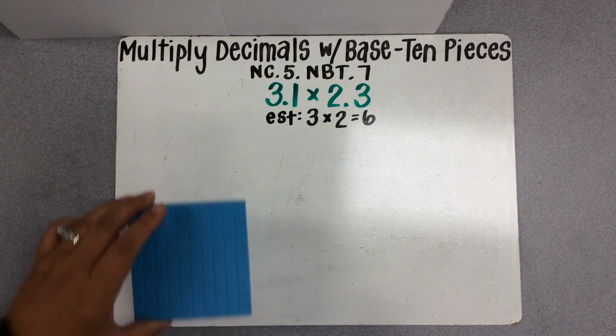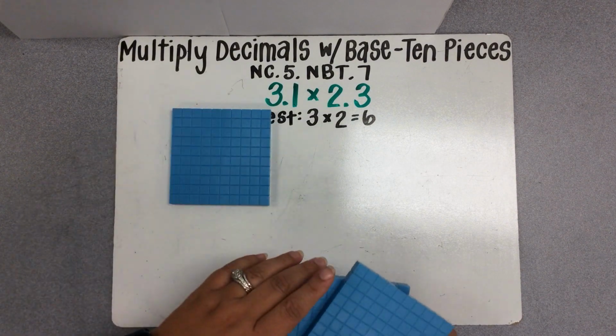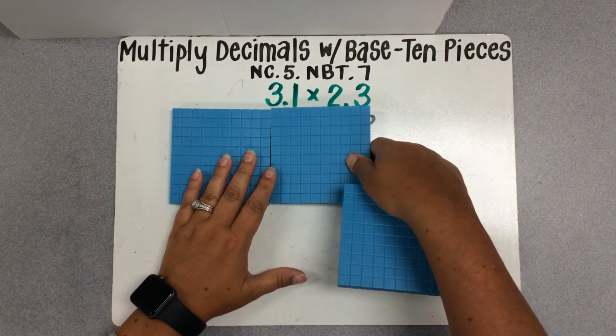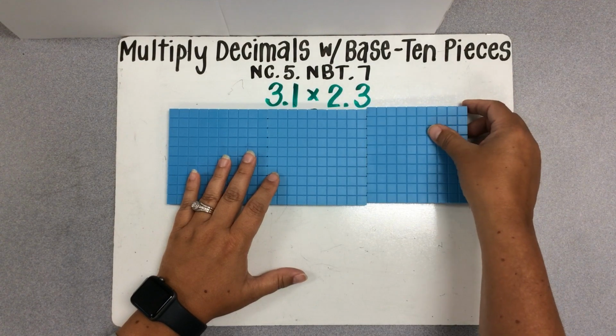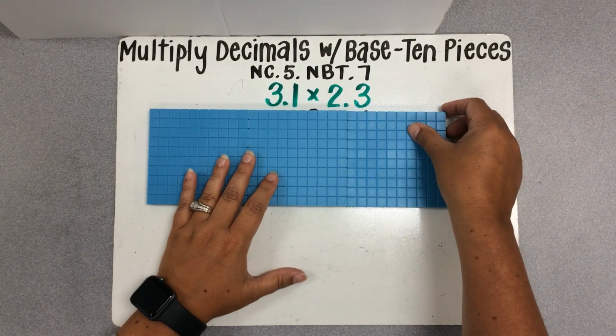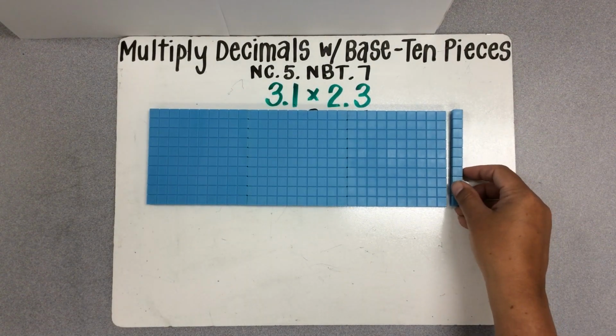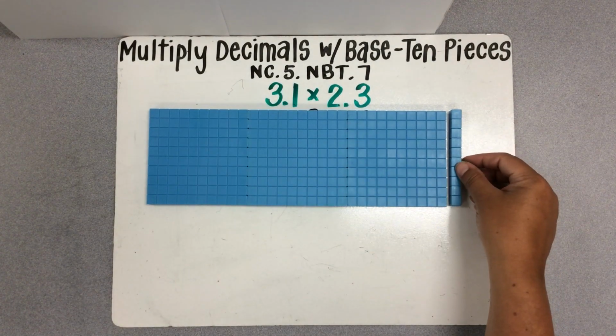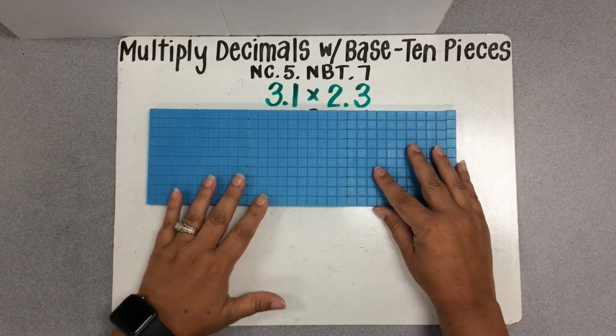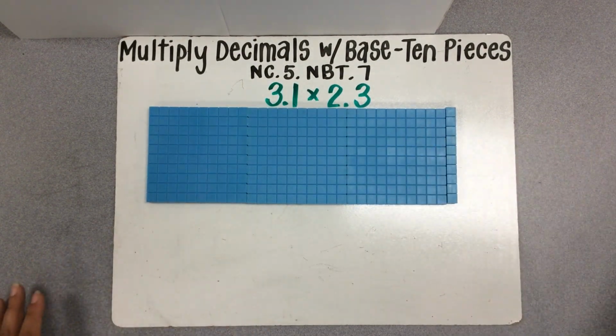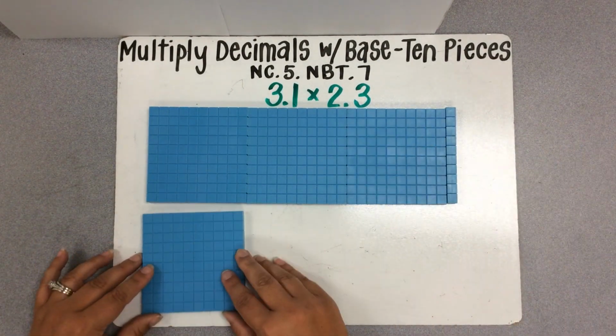So we'll start by making our 3 by 1. So it's 3 wholes, 1, 2, 3, and then 1/10. So there we have 3 1/10. And this is going to be 3 1/10 by 2 3/10. So 1, 2.